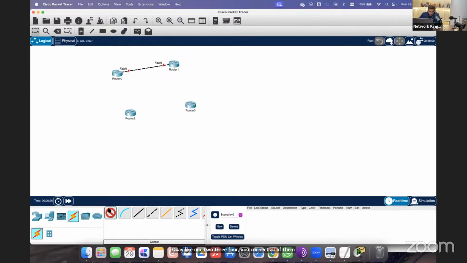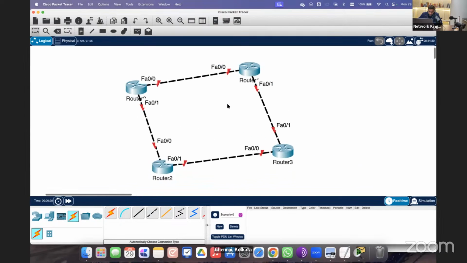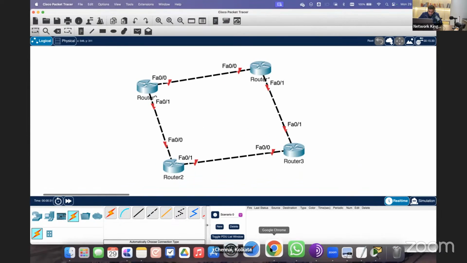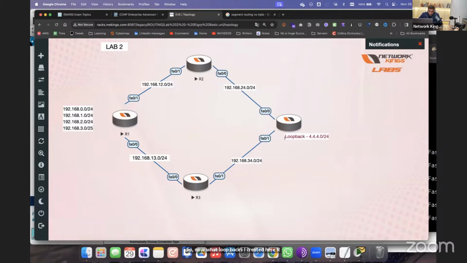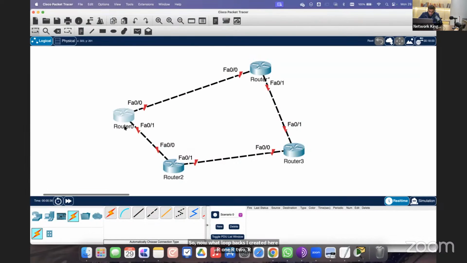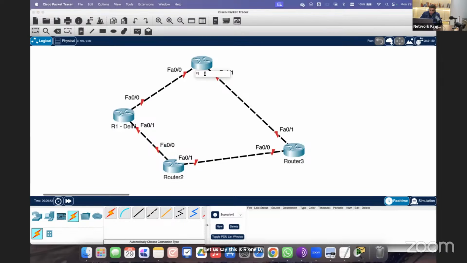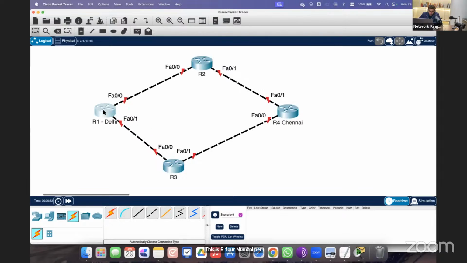Consider these are your Delhi, Mumbai, Chennai, Kolkata. Okay, so now what loopbacks I created here, R1, R2, R3, R4. Let's say this is R1 Delhi. You can give any name. This is R2, this is R3, this is R4, Mumbai or Chennai. So now this is the network we have in the topology.